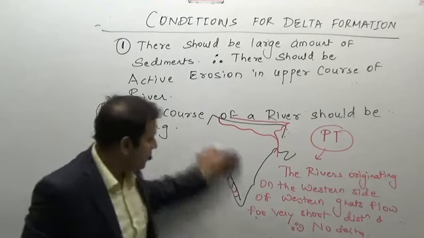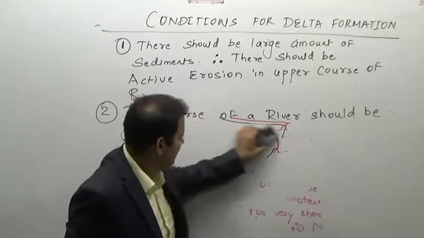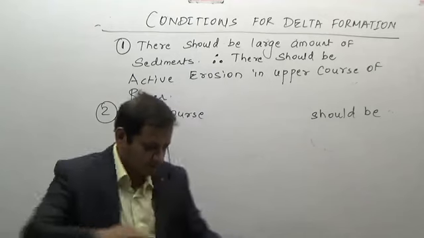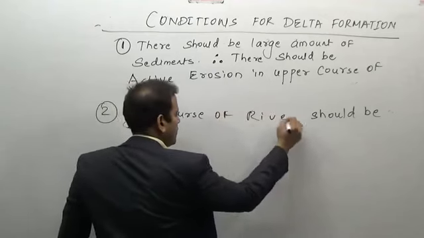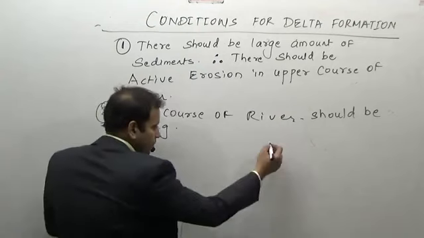The third condition necessary for delta formation is, consider a situation when there are two sea coasts.